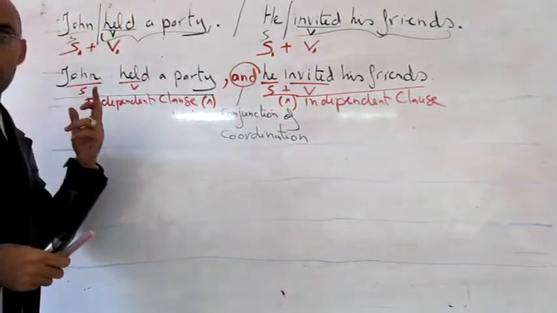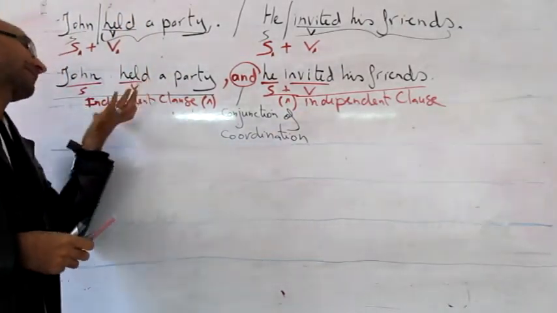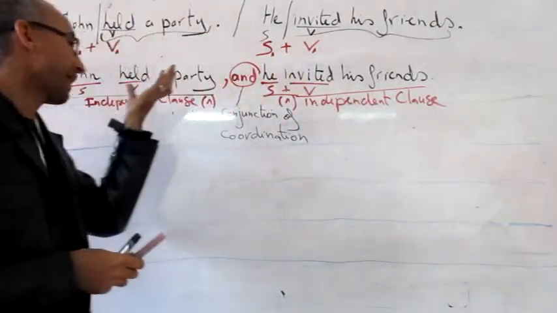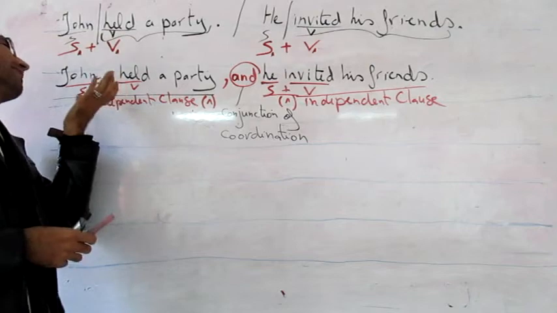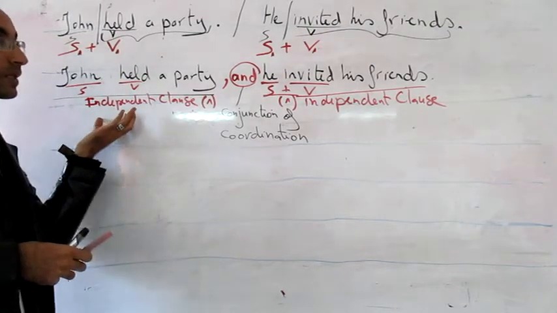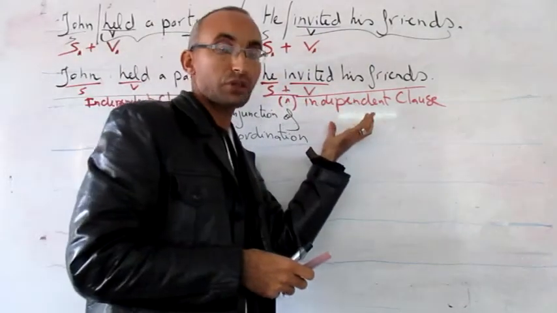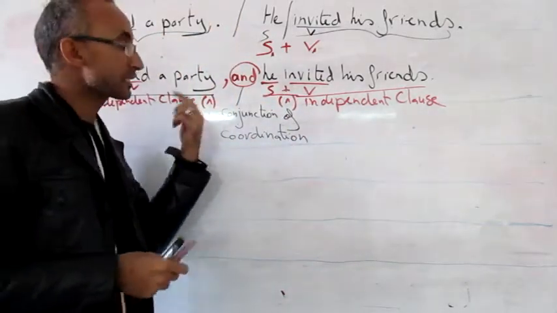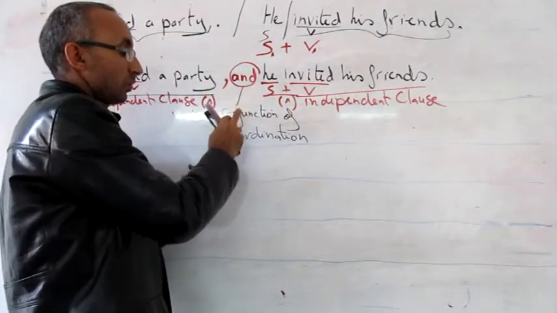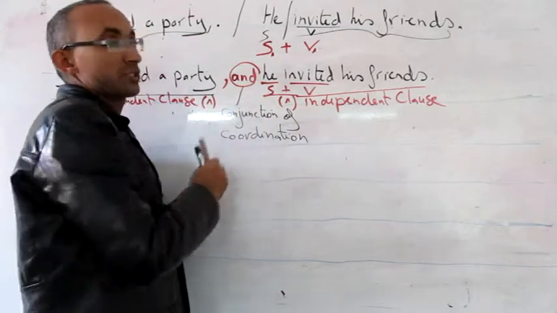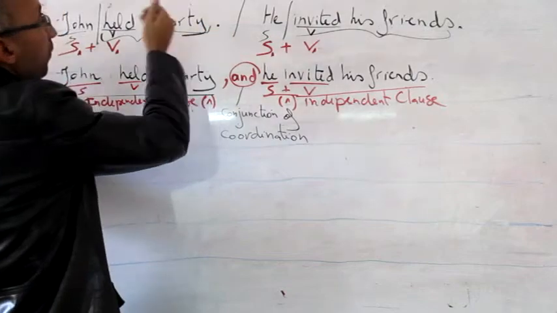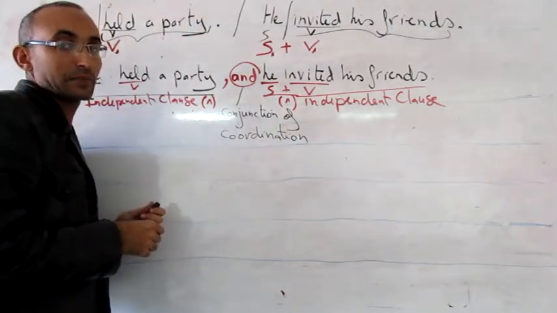So from now on, we'll no longer call them simple sentences. We now have an independent clause and another independent clause joined in one sentence by means of and, a conjunction of coordination. While they are separate, we call them simple sentences.